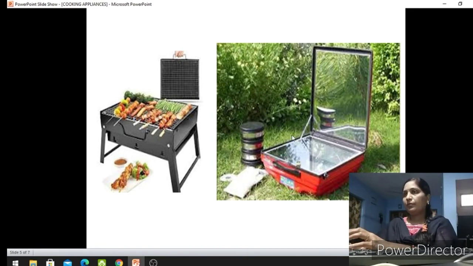No need of gas, no need of electric appliances like the microwave or the induction stove I just showed you, or the griller. It works only with the help of sunlight. It absorbs the sunlight and that makes the food get cooked. So this is a solar cooker. It's also one of the appliances used for cooking.